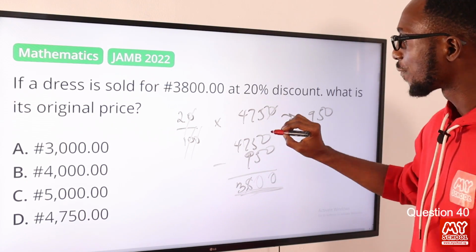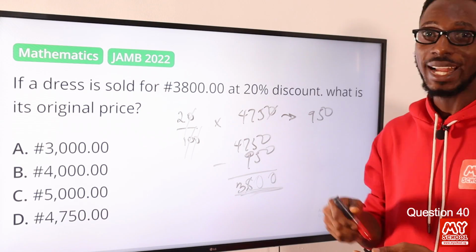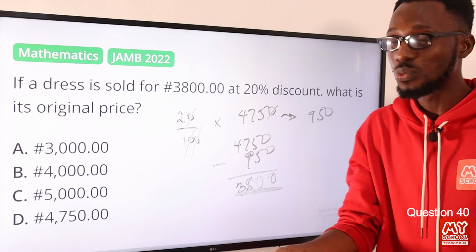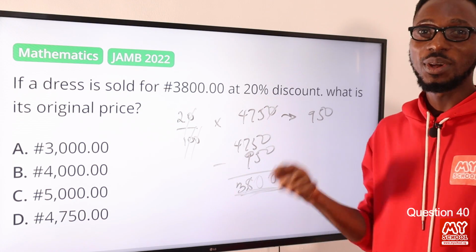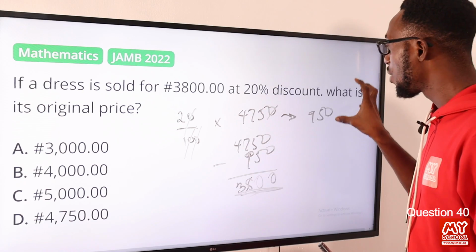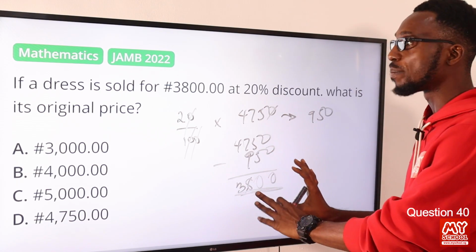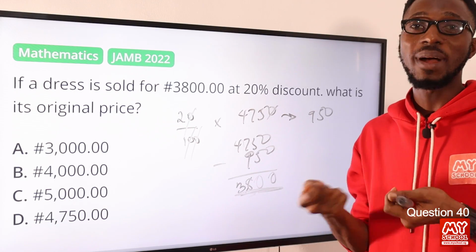So we can see that 4,750 is actually the original price of the item, but a 20% discount was given, which is actually 950 naira. When you deduct 950 from 4,750, it becomes the price that was sold to that particular customer.